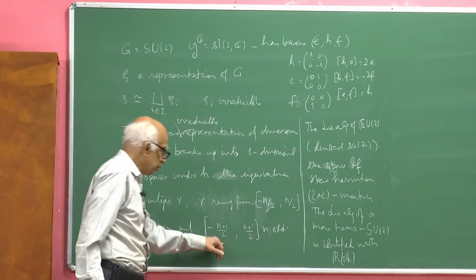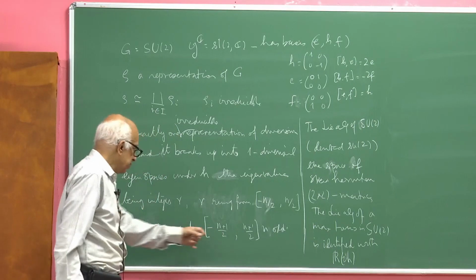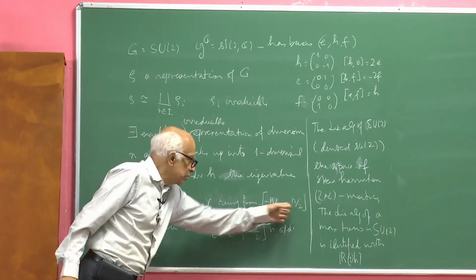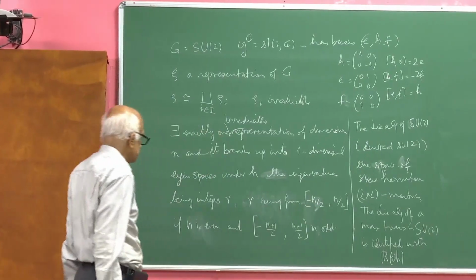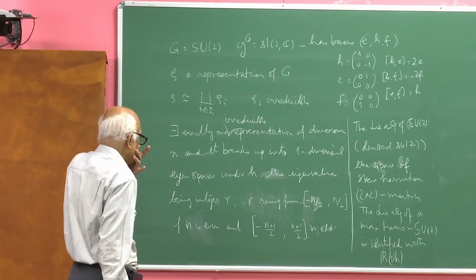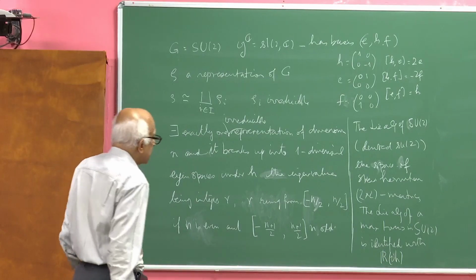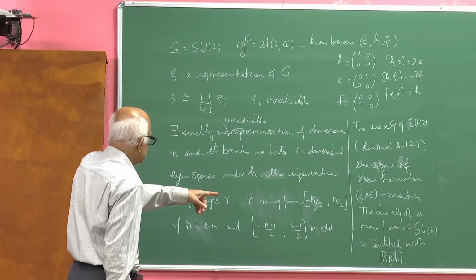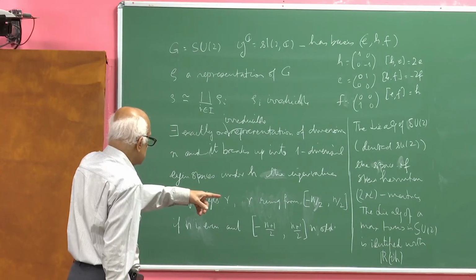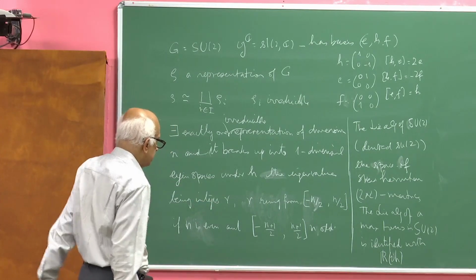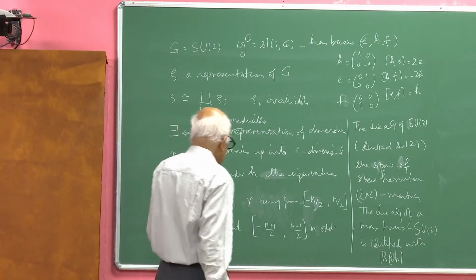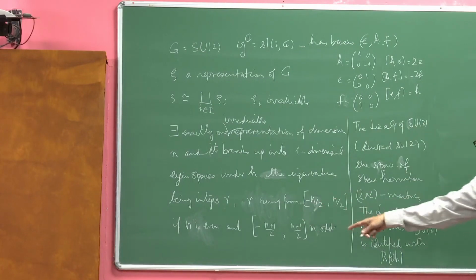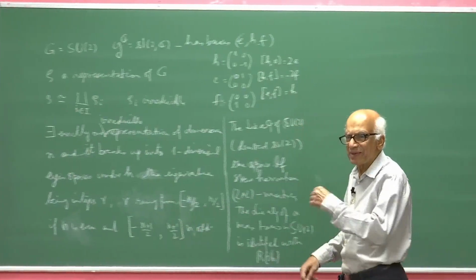There are 2n plus 1 numbers caught between these two and there are 2n numbers here. If n is even, it runs from minus n by 2 to n by 2. I might be making some mistake, it could be the other way around, I have to be careful.